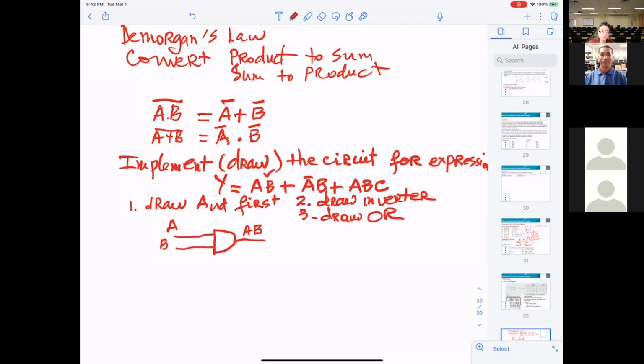And you go to another AND, not A and B. You get A right here, you want not A, that inverter, then not A, and B. You connect that and go to B. So that one will be not A and B.